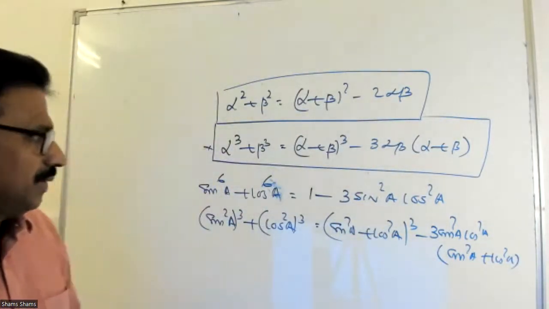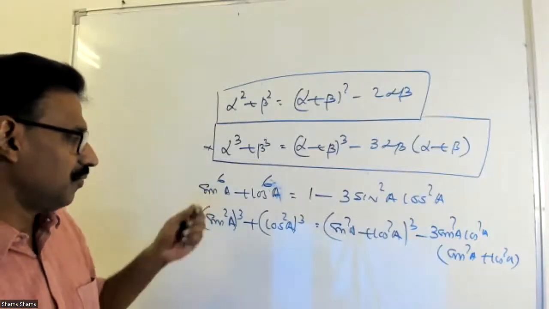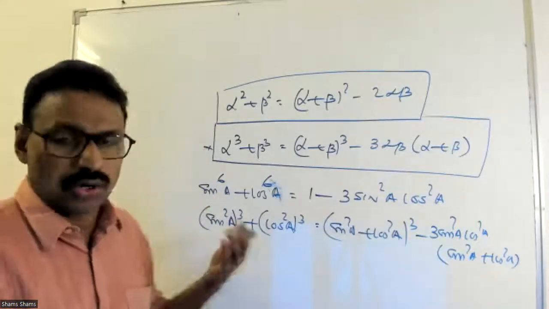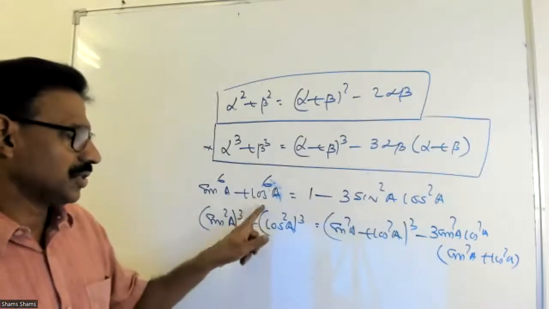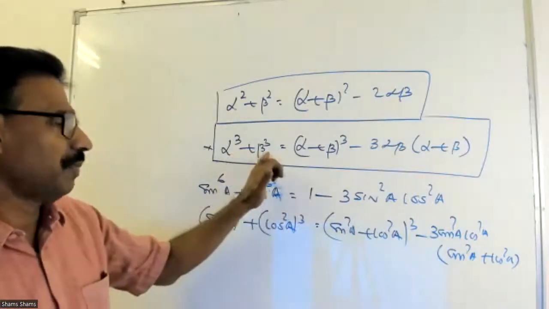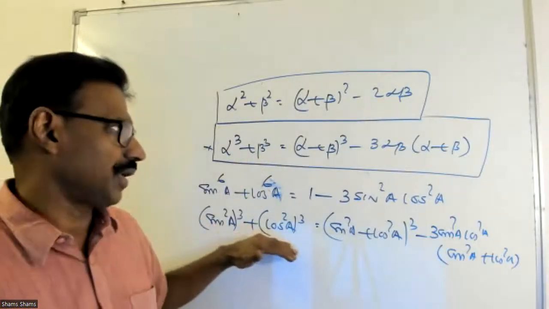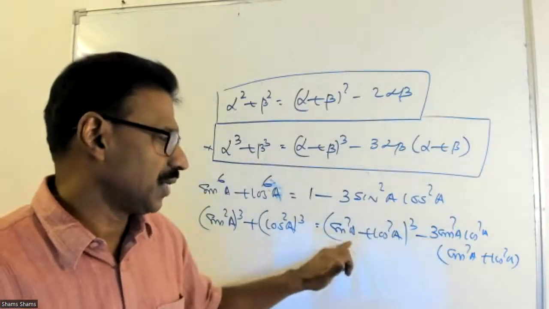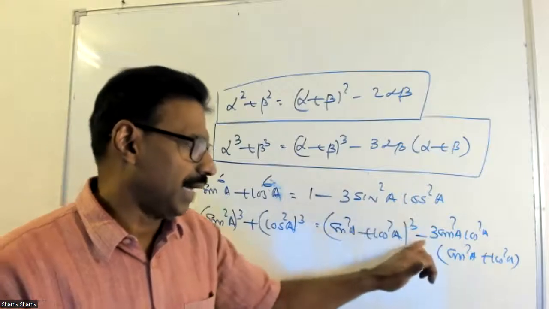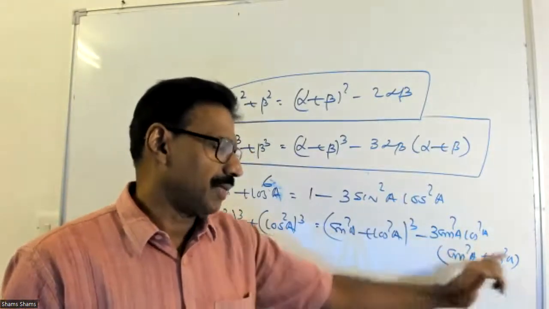Look once again. Sine raised to 6A we can write as sine square A whole cube, and cos raised to 6A as cos square A whole cube. Which form? Alpha cube plus beta cube form, where alpha is sine square A and beta is cos square A. Alpha plus beta whole cube minus 3 alpha beta into alpha plus beta.